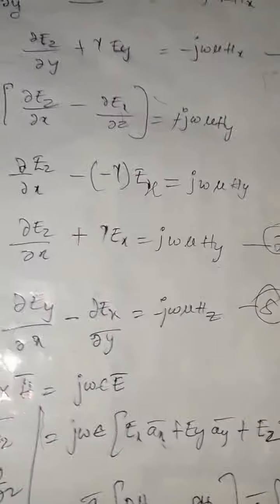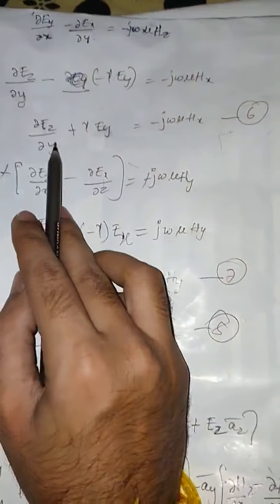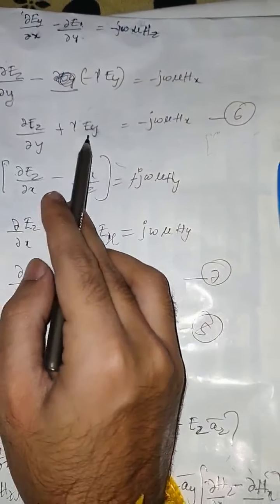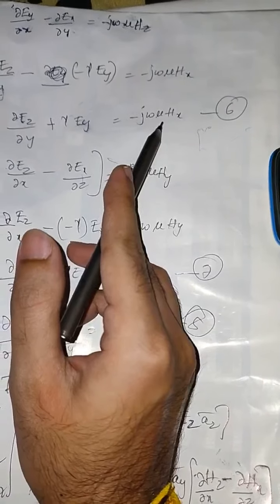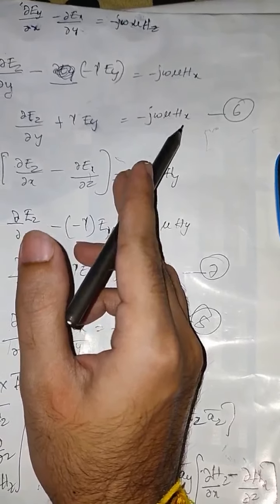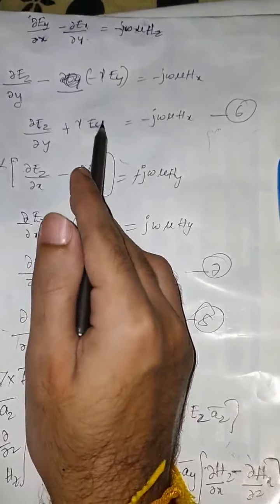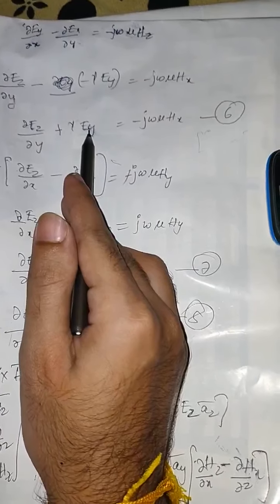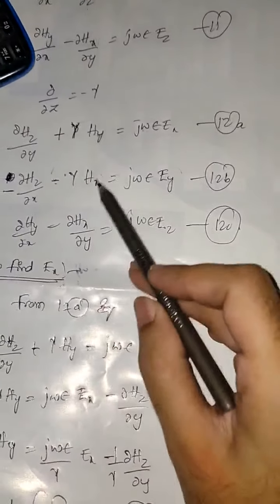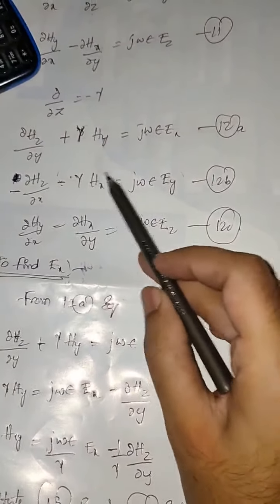Okay, to find hx we need to consider the sixth equation. So the sixth equation is here: dou Ez by dou y plus gamma ey is equal to minus j omega mu hx. By taking the sixth equation, you can find the ey value, and that ey value is substituted in the 12b equation so that you will get the hx equation.